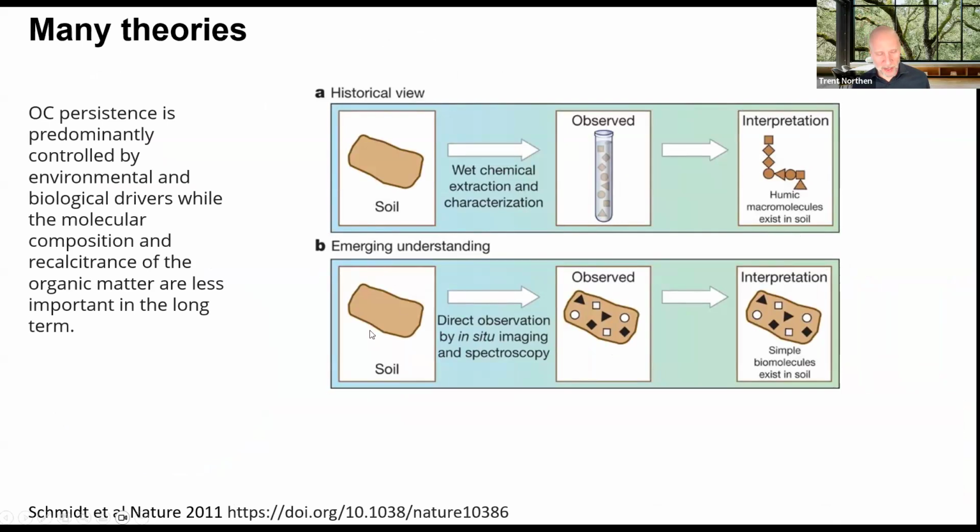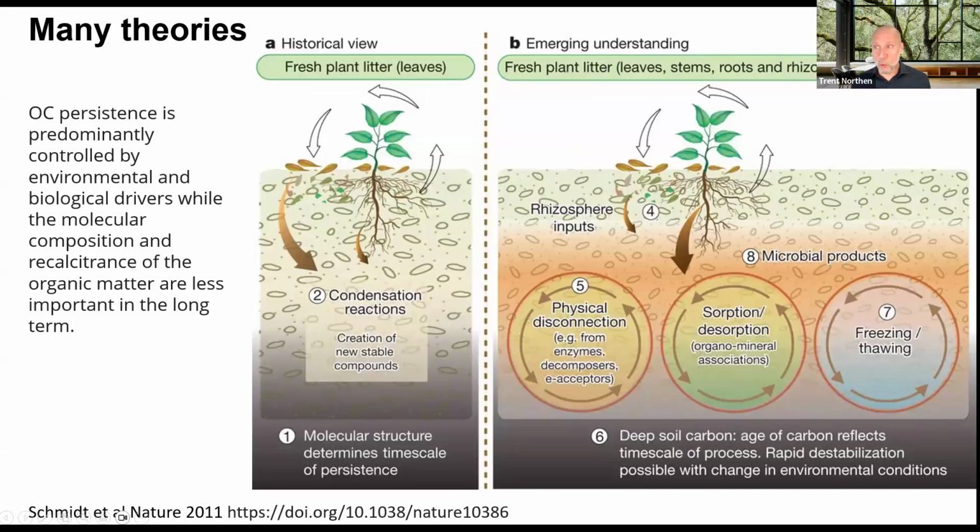This very influential paper in 2011 was saying that, no, it's actually small molecules, like metabolites, that make up soil organics. And then why do some things stay and not others? What governs the residence time of soils? This is super debated still, whether it has to do with absorption processes or the stability of the compounds themselves.